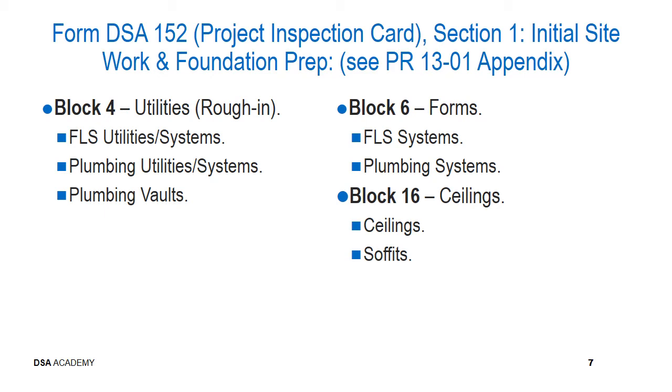Block 6 will be for forms applicable to fire and life safety systems and plumbing systems. Block 16 for ceilings and soffits. For further information, again, please refer to DSA Procedure PR 1301.